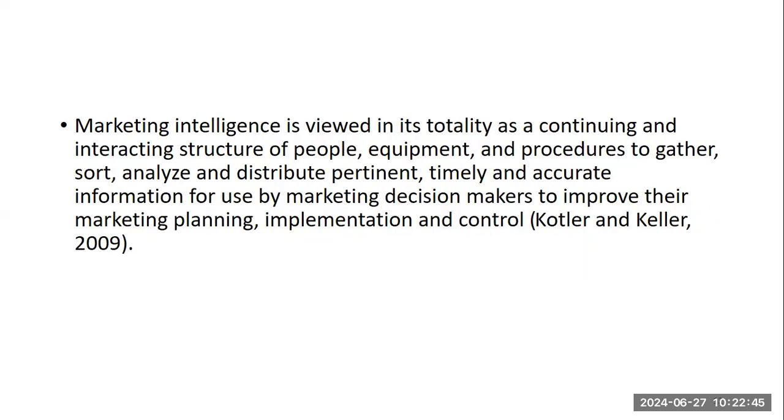Marketing intelligence is viewed in its totality as a continuing and interacting structure of people, equipment, and procedures to gather, sort, analyze, and distribute pertinent, timely, and accurate information for use by marketing decision makers to improve their marketing planning, implementation, and control. This definition is aligned with the one we discussed previously, the same idea: a continuing, interacting structure of people, equipment, and procedures. So it's a kind of system.